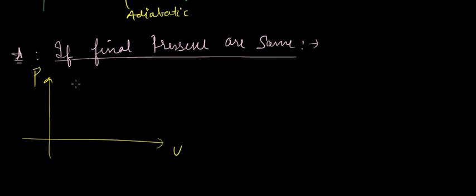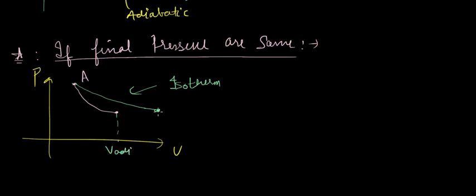From A point it goes to point B. Okay, and as final pressures are same, isotherm curve would be something like this. Okay, so this is isotherm curve, and this is adiabatic. So this is V adiabatic and this is V isotherm.